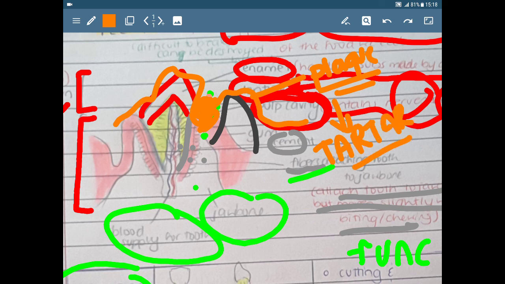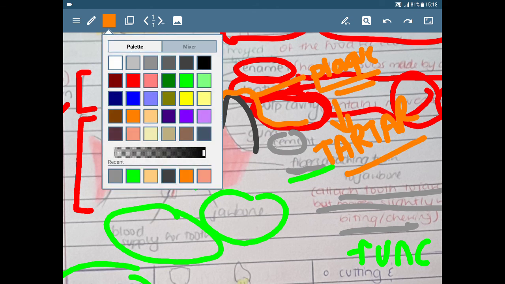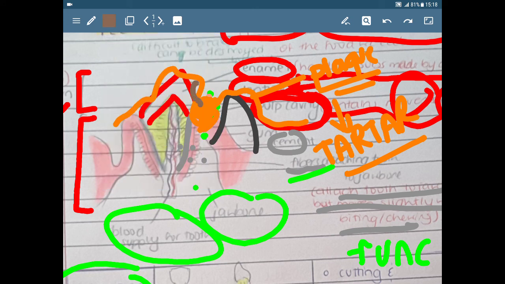So, if this tartar, now I'll make this a color that you can see, goes through your teeth, through the middle of your teeth to the gums, it's going to go down here and cause a space between your teeth.